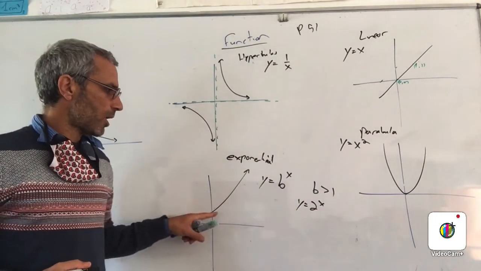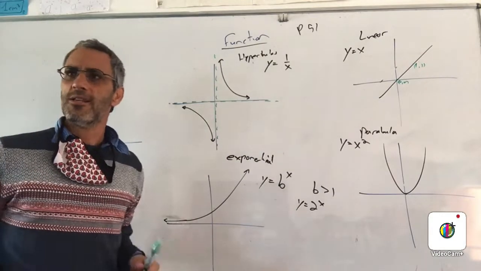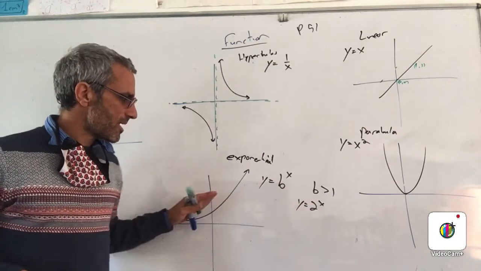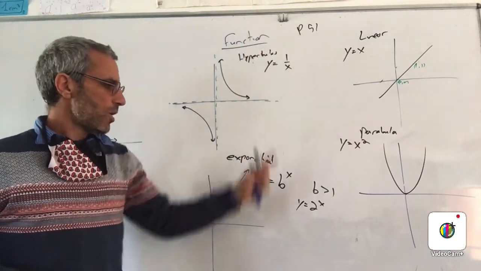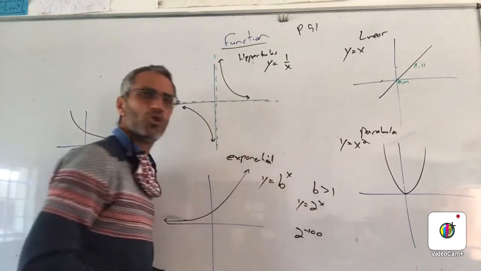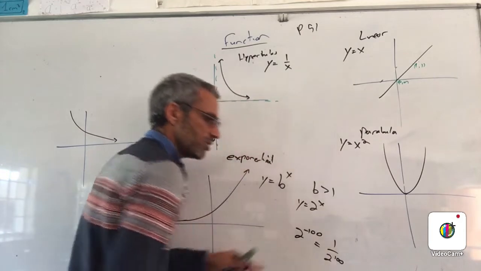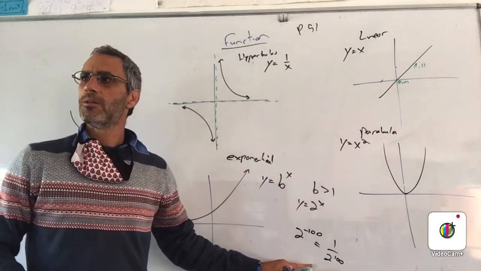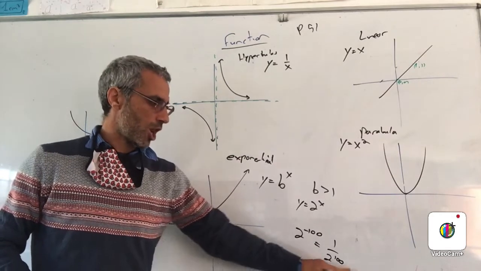So 2 to the power x: 2 to the power 10, 2 to the power 20. Every time you make x bigger, it just gets bigger and bigger. It takes off. Whereas if you go 2 to the power of minus 100, what is that? It's 1 divided by 2 to the power of 100, which is a very small number. 2 to the power of 100 is 2 times 2 times 2 and so on, a very large number.